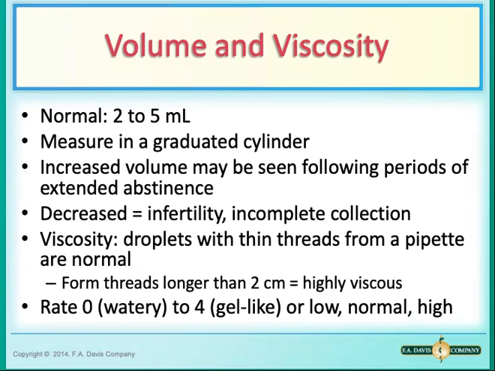Increased volumes of semen can be seen after periods of extended abstinence, however. So that's something that you must keep in mind. Decreased volume of the semen sample is often associated with infertility, and can also indicate improper functioning of one of the semen producing organs, in particular the seminal vesicles.